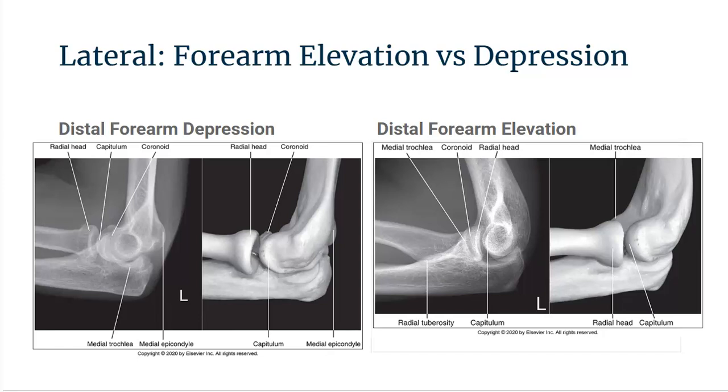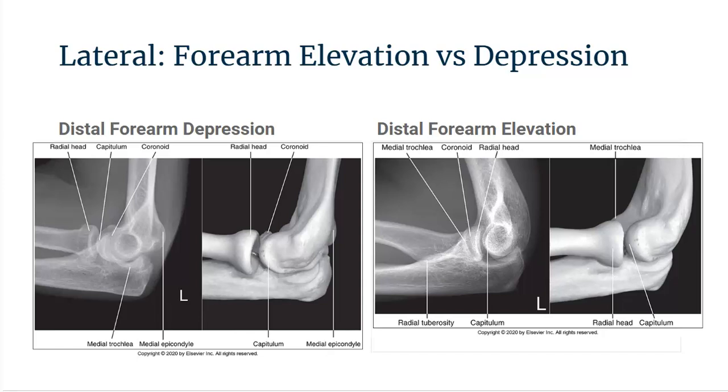Additionally, the radial head is positioned too far distally in relationship to the coronoid process. When describing distal forearm depression, it's like imagining that the hand is lower than the proximal forearm.